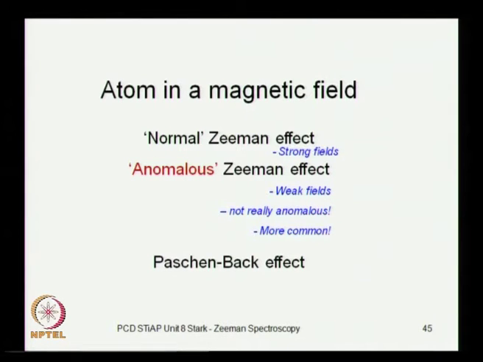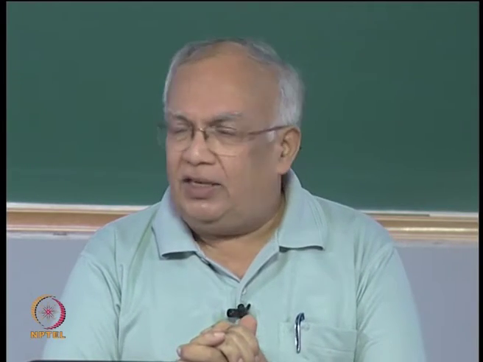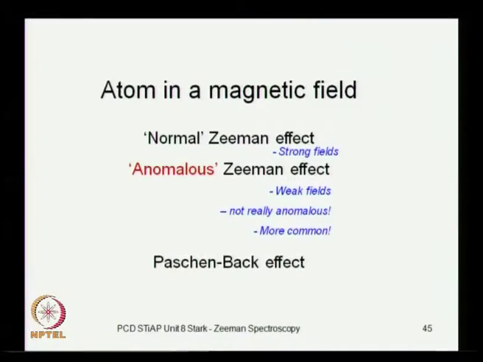It is not really anomalous, it is in fact quite a common phenomenon, but it is called anomalous because historically it was observed at a time when the electron spin was not known. So, everybody suspected that there is some anomaly in the Zeeman effect. That is the reason it was called the anomalous Zeeman effect, and for historical reasons these names have persisted, but it does not mean that there is any real anomaly associated with the so called anomalous Zeeman effect.